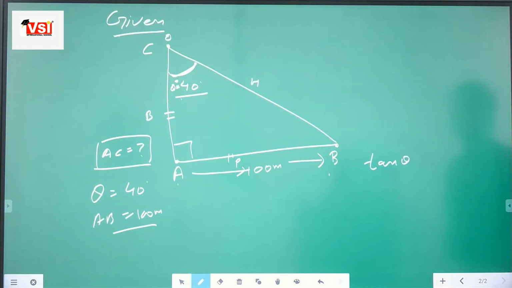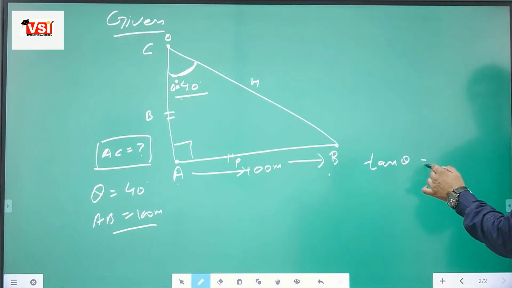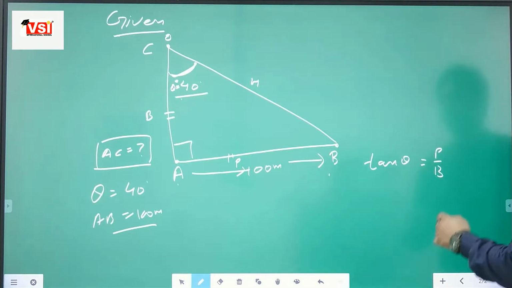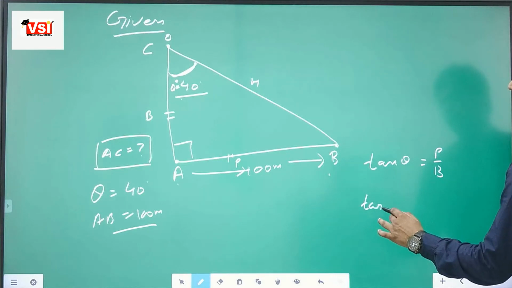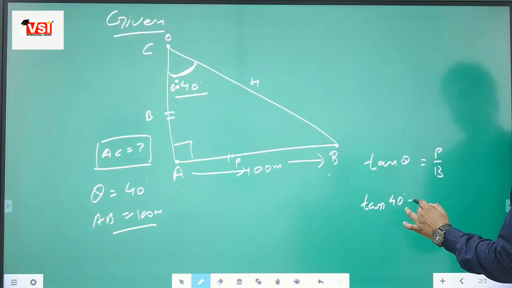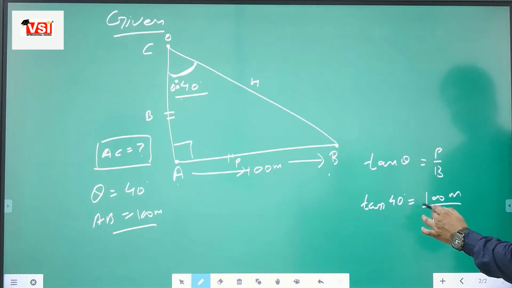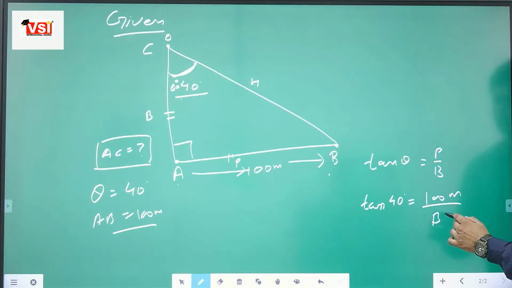Tan theta is given as perpendicular upon base. Here tan theta is equal to tan 40 degree. Perpendicular is given as 100 meter, and base is what we have to find out. Base is equal to AC.